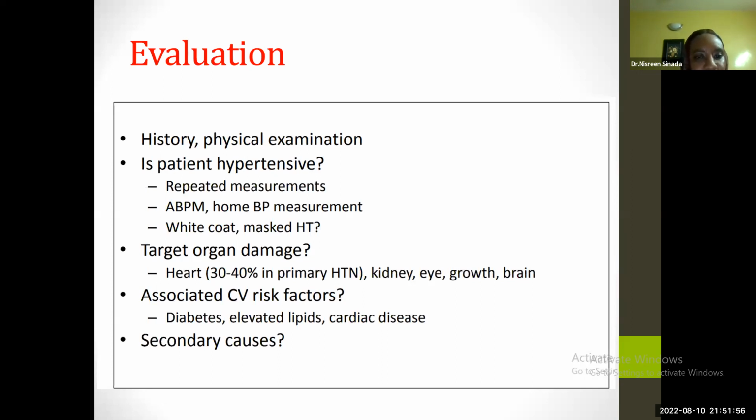Also, associated cardiovascular risk factors: diabetes, elevated lipids, and cardiac disease, and you need to search for the cause. Why do we want to search for the cause? Because there is a specific treatment for the cause. Then when you know the cause, you know the mechanism of hypertension, then you will choose the appropriate antihypertensive drug.